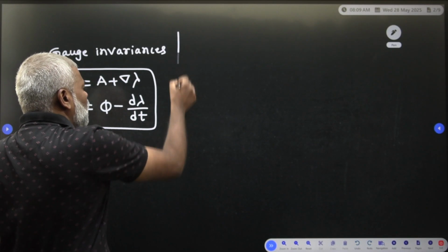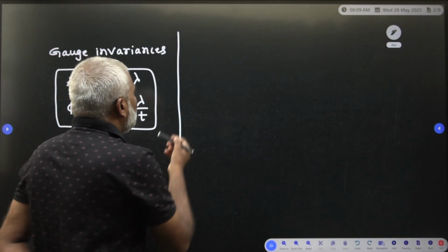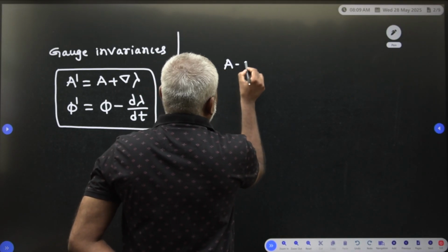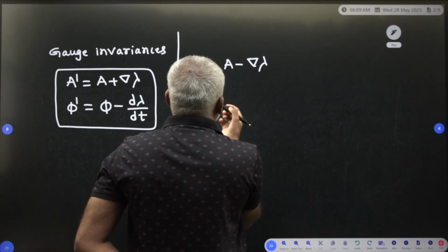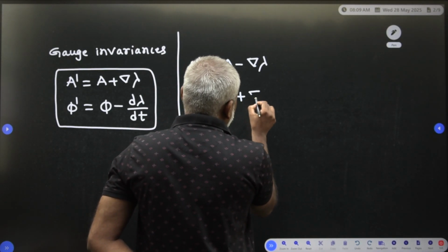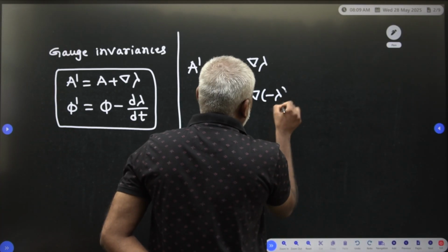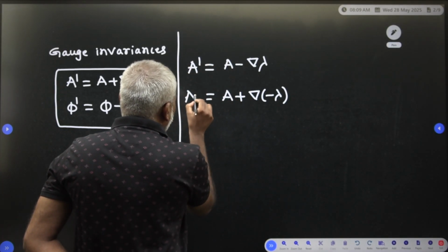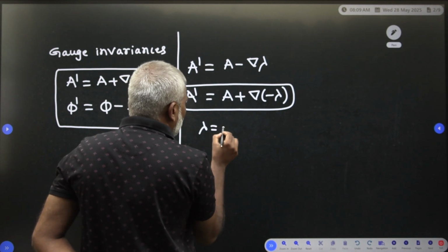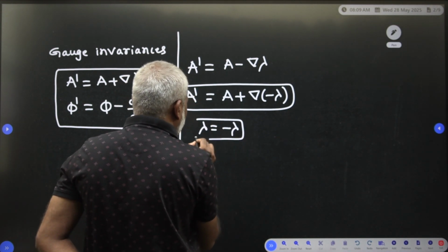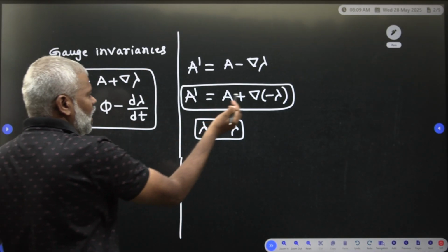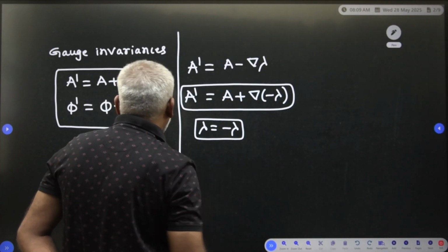According to our problem, A dash is equal to A minus gradient of lambda. So we rearrange: under the gauge transformation, lambda is replaced by minus lambda, so A dash is equal to A plus gradient of minus lambda.